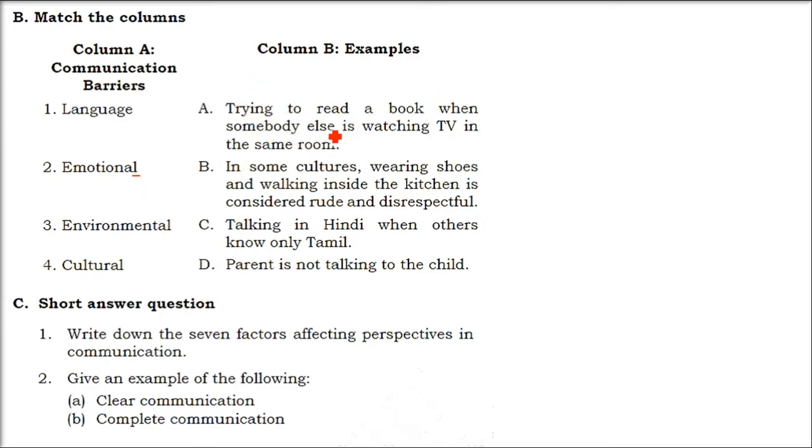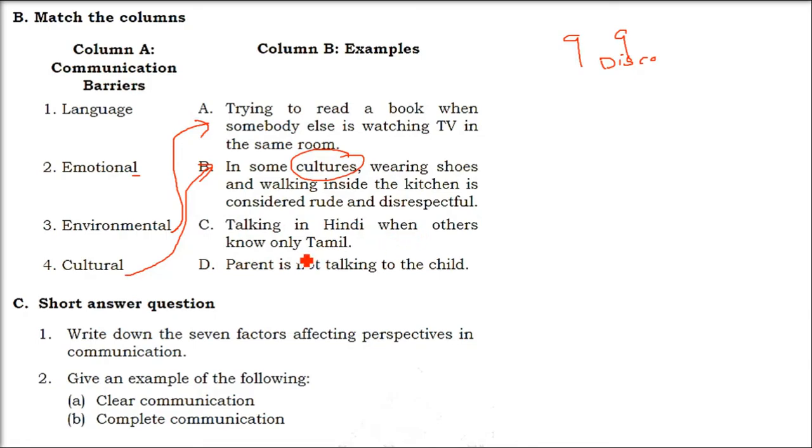Let us start with the first one. Trying to read a book when someone else is watching TV in the same room. That is, the problem is noise. That is, 2 people are talking in a disco, they won't be able to hear, or in a marriage. So environmental means you want to read a book, but somebody is watching TV. In some cultures, wearing shoes and walking inside the kitchen is considered rude and disrespectful. So whenever culture comes, let us match it with culture.